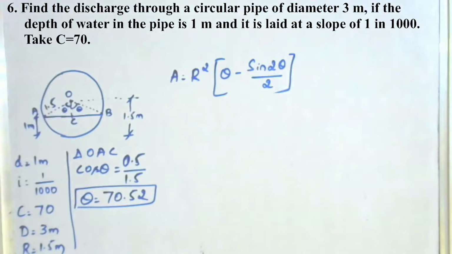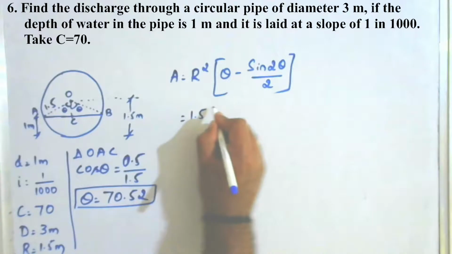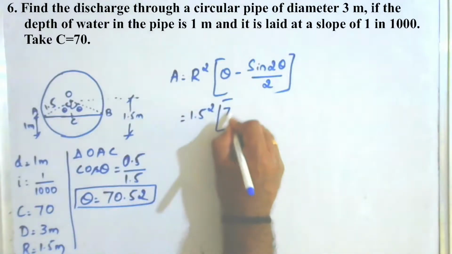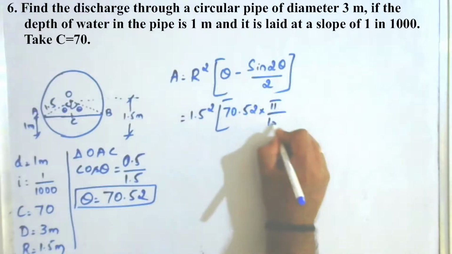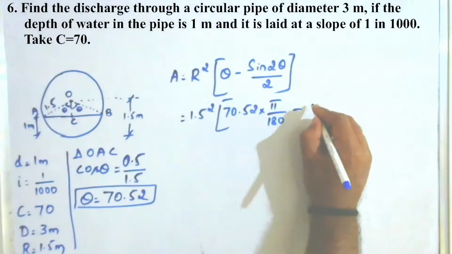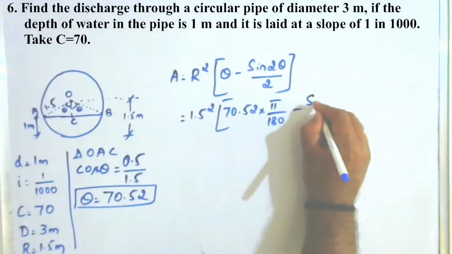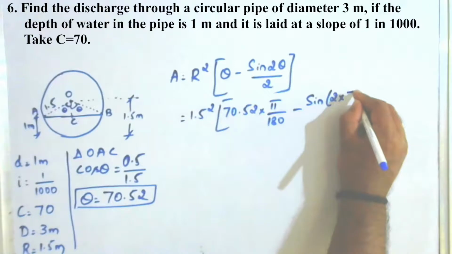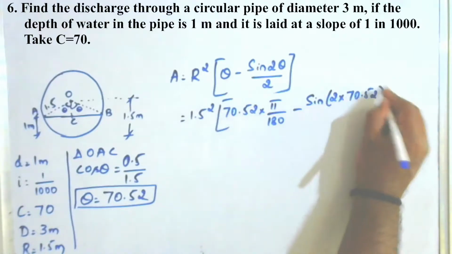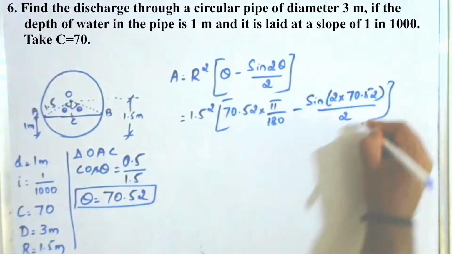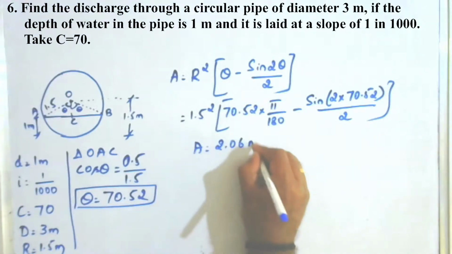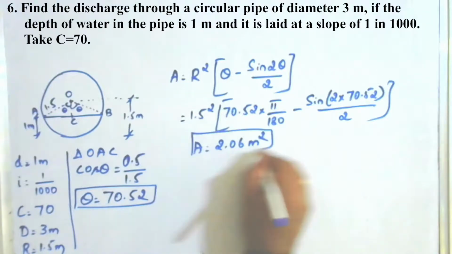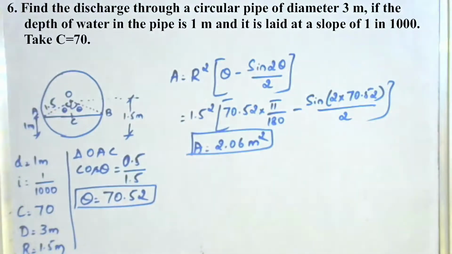I substitute r as 1.5 square, theta is 70.52 into pi by 180. You have to convert into radians because theta is also within the trigonometric function. Therefore, sine 2 into 70.52 divided by 2. If you simplify, the area works out to be 2.06 square meter.